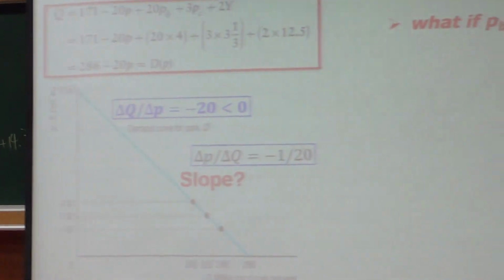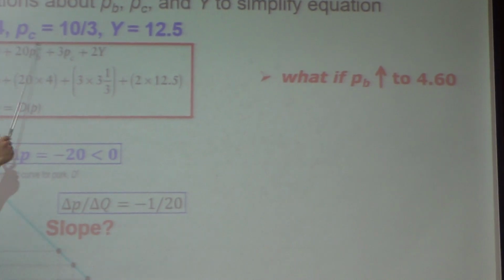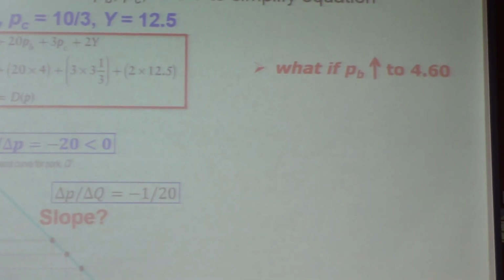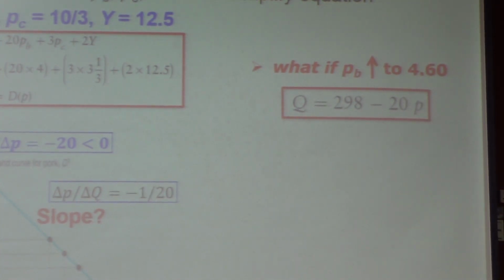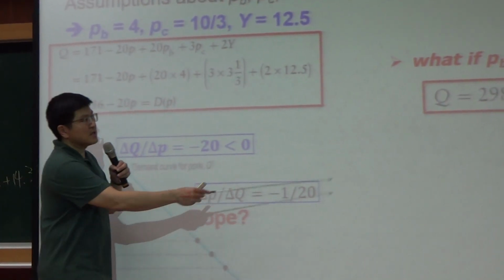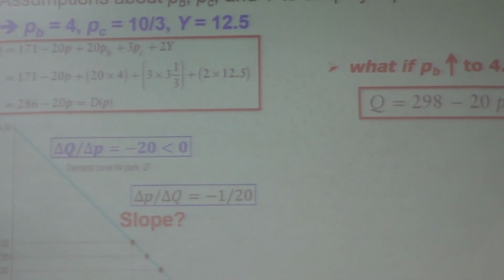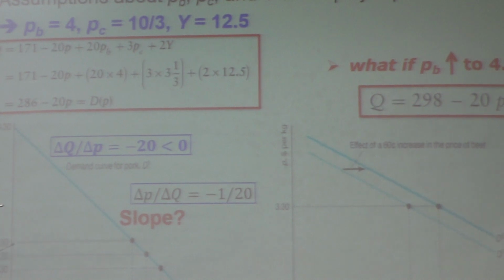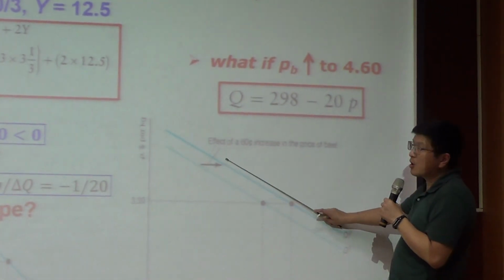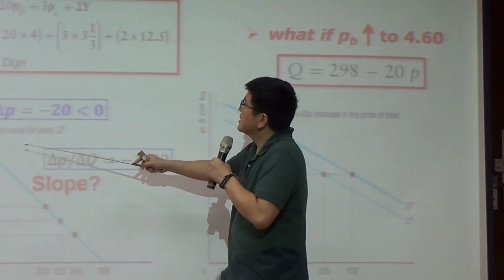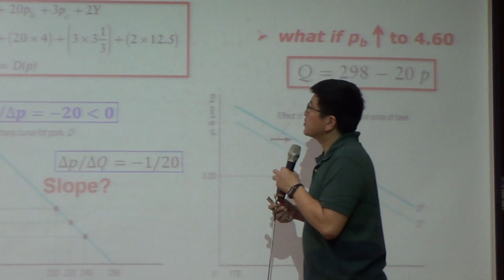So what if PB increases from 4 to 4.6? Then the equation will change from this one to this one. So the demand curve will shift outward by how much?